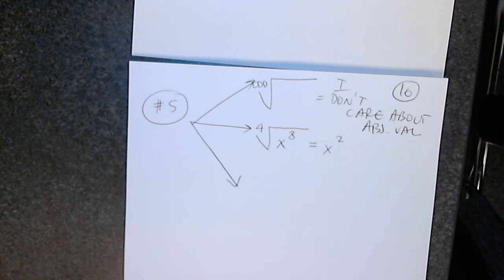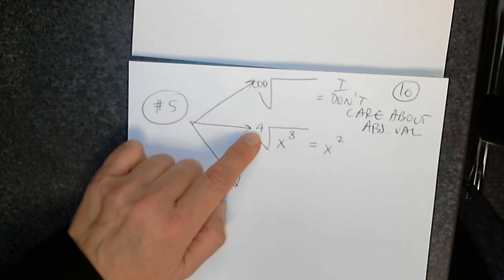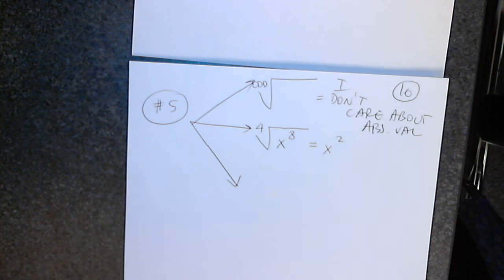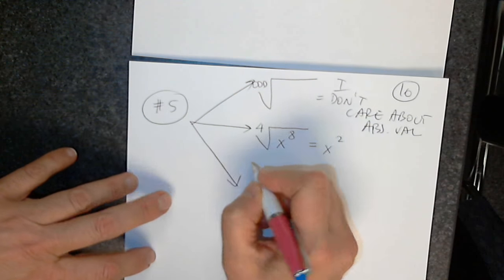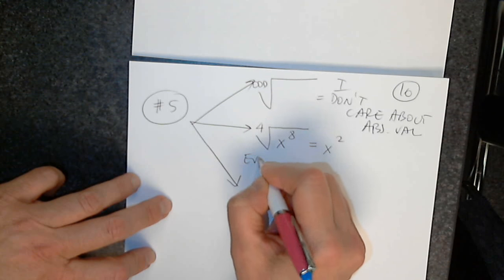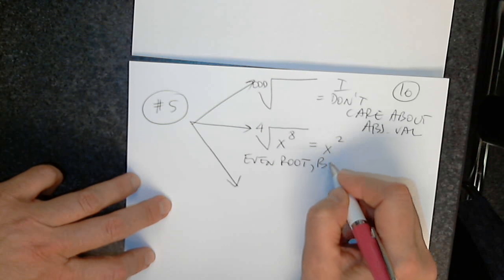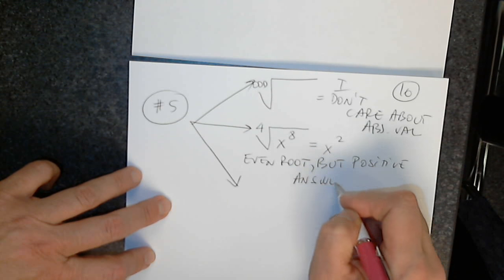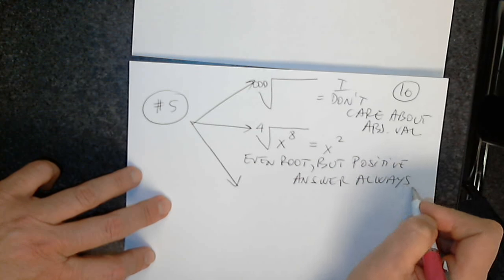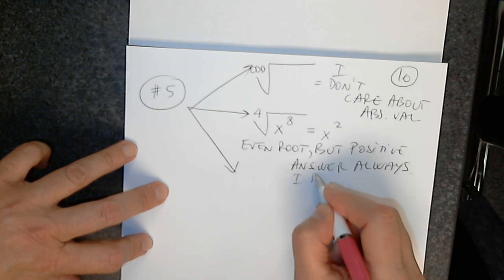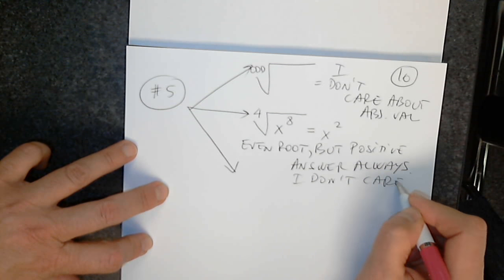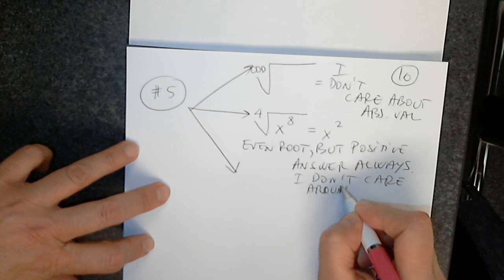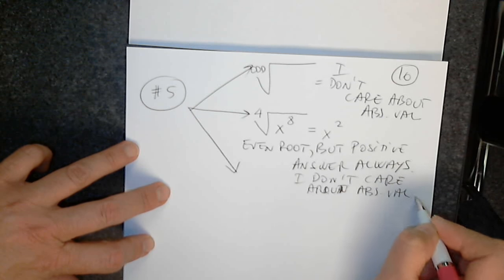So even if the index is even, if the answer does not need the absolute value, I will not use it. It would be a mistake to use it. So I'll put a little note here. Even root, but positive answer always. Therefore, I don't care about absolute value. There's no need.